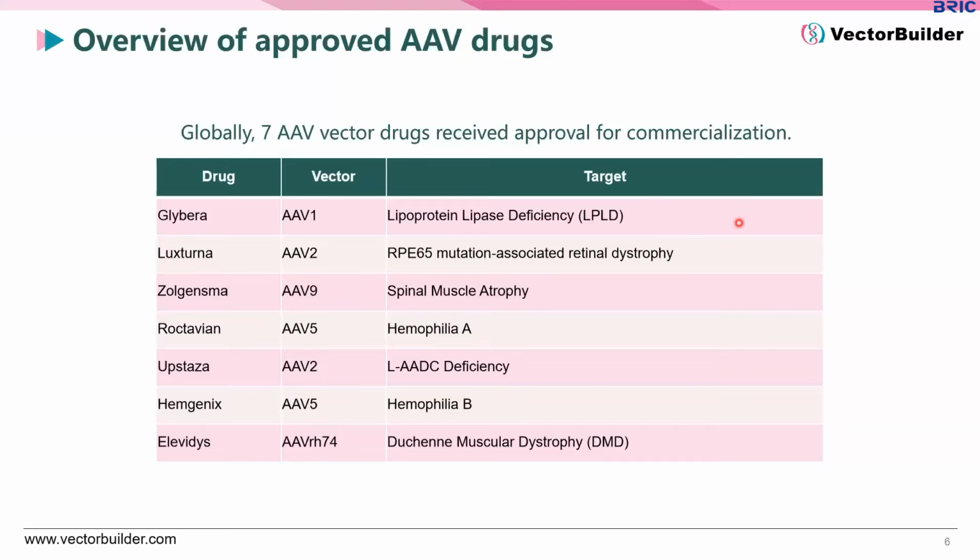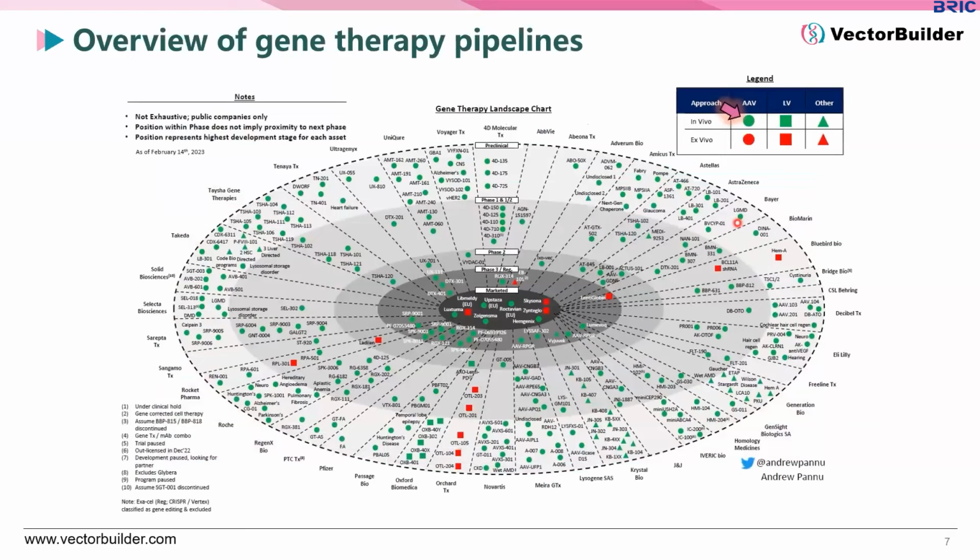So now we have looked at the approved drugs. Here is a landscape of all the publicly announced AAV-based gene therapies and also other viral vector therapies. As I mentioned, AAV is a very popular choice right now because it is not known to be associated with any disease. So the safety profile of AAV is a lot better than other viruses that we know of for use as a vector to deliver gene materials.